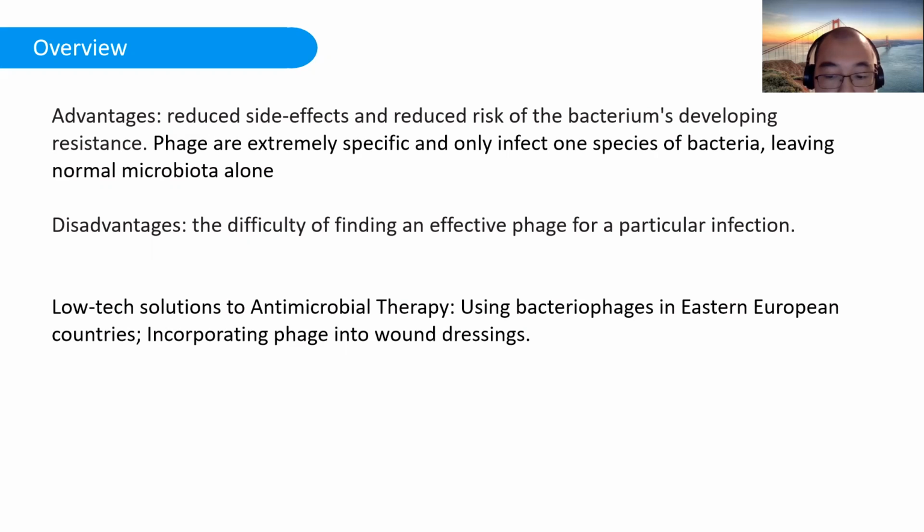Of course, there are disadvantages, such as the difficulty of finding an effective phage for a particular infection. Because of these advantages, using phage in Eastern European countries is quite common.